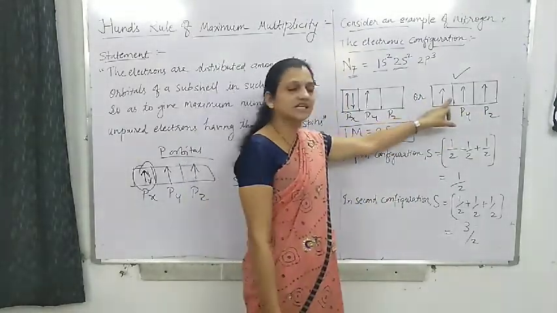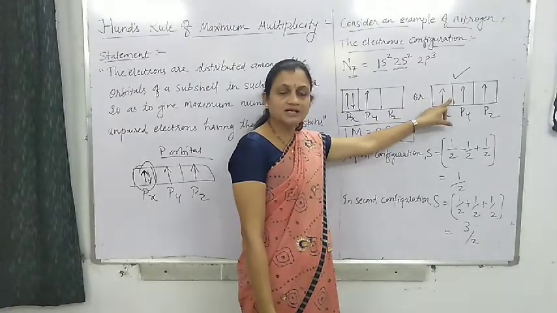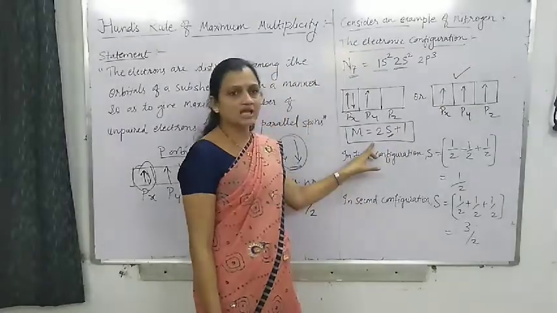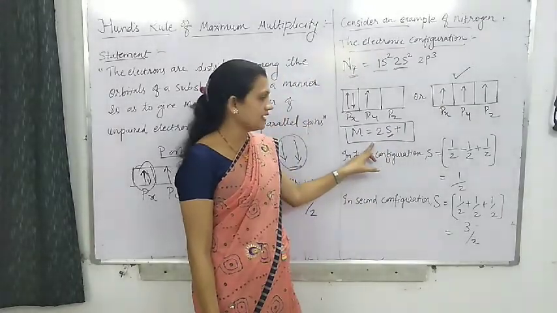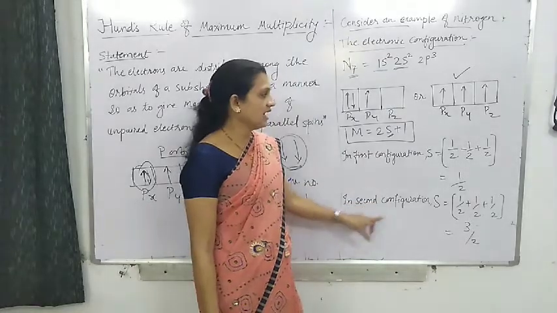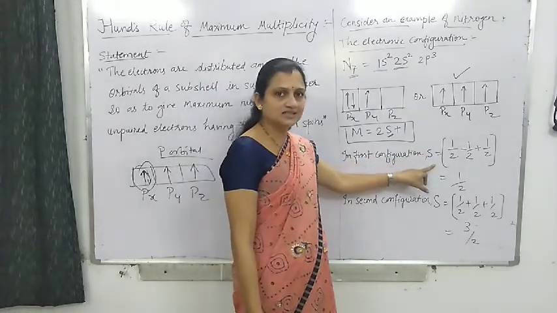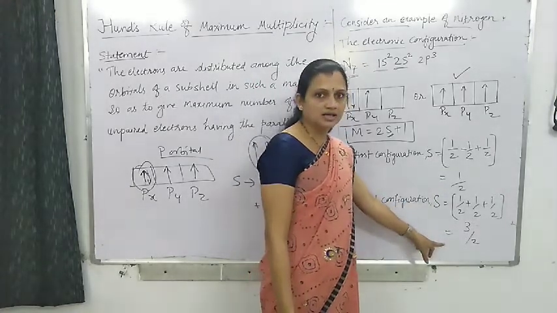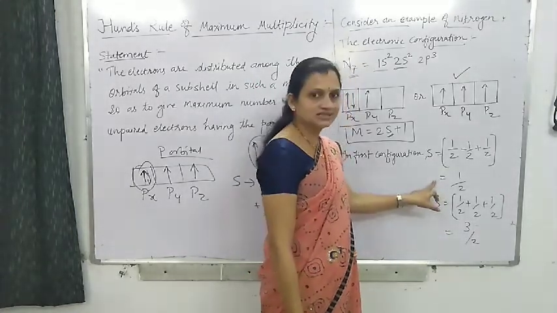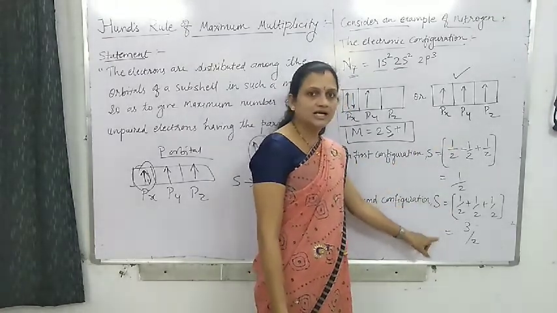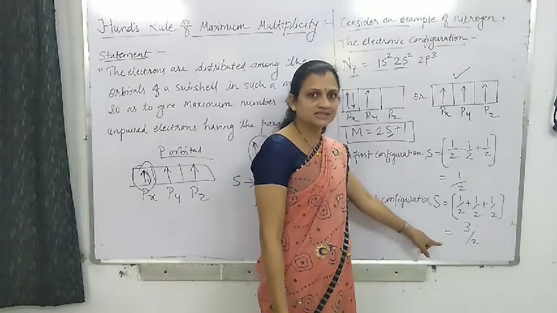Therefore this configuration is the correct one as per the rule of maximum multiplicity, and as per this formula m is equal to 2s plus 1. Here two configurations are there, and as per the value of s, that is plus half and minus half, we get these two possibilities or two calculations. So the result of the second configuration is higher; it will give maximum multiplicity.